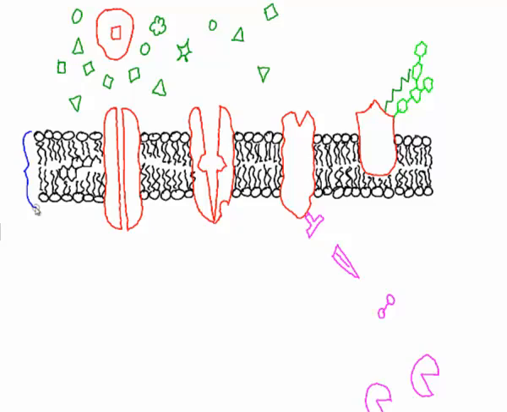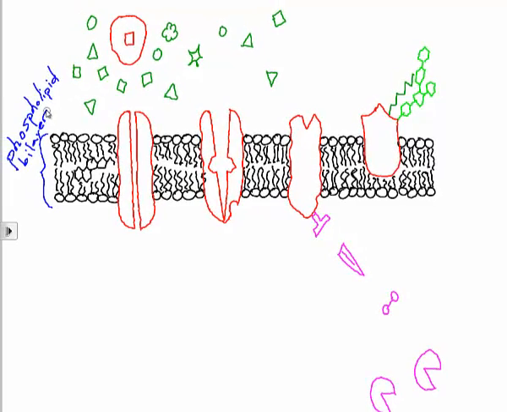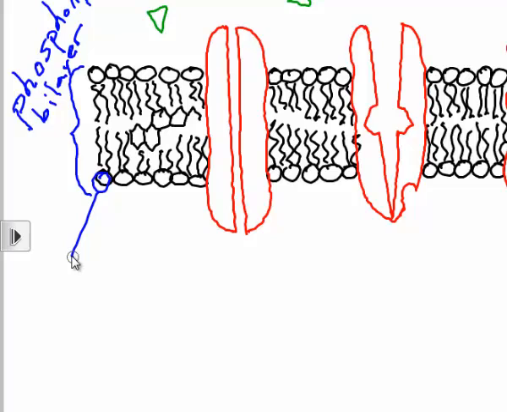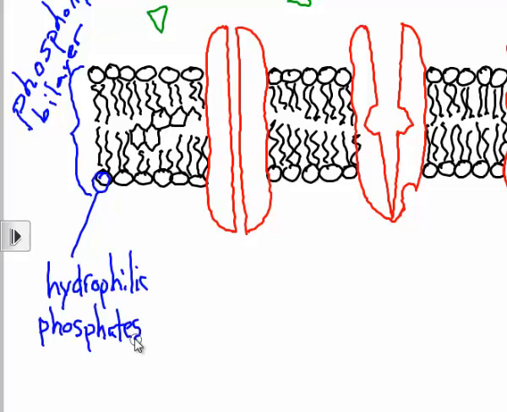Again, this first part is the phospholipid bilayer, and of course the round phosphate heads are hydrophilic, or like to associate with water, and the fatty acid tails are hydrophobic, or don't like to associate with water.